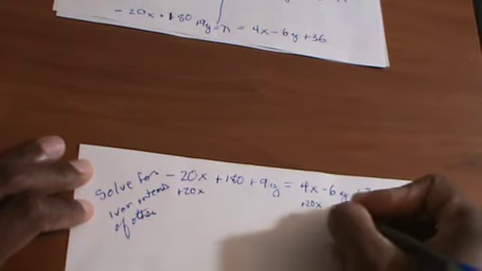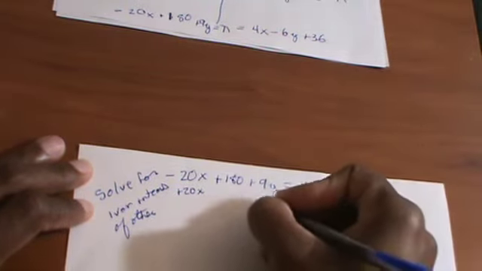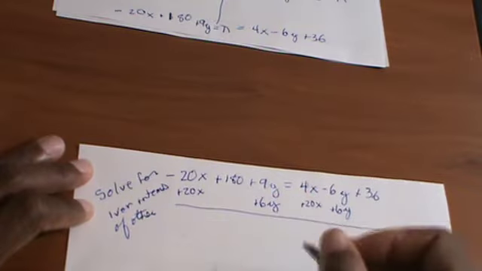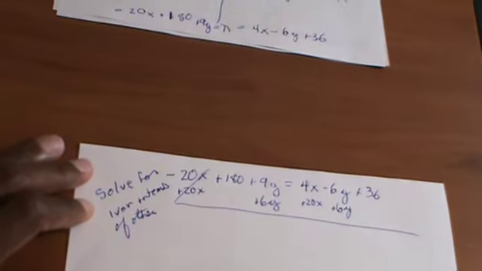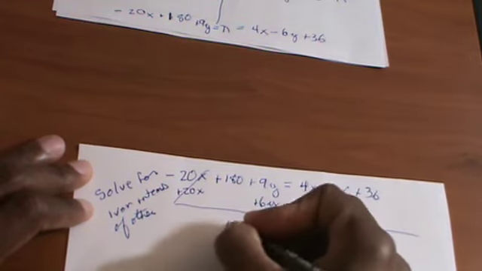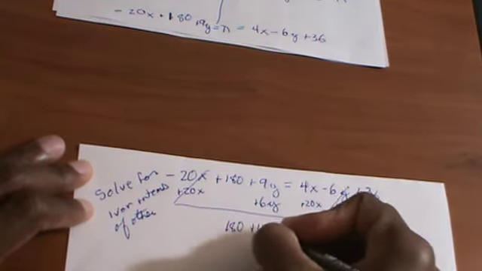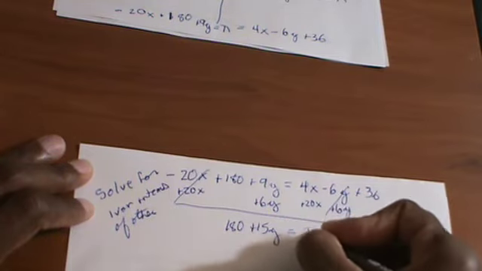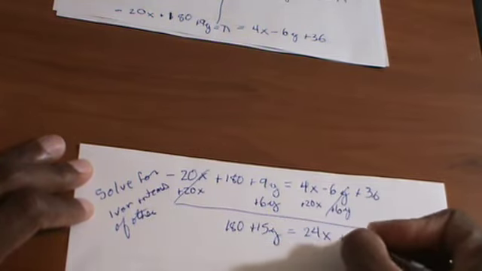And I'm going to add 6y to both sides. So that cancels, that cancels. I get 180 plus 15y here equals 24x plus 36.